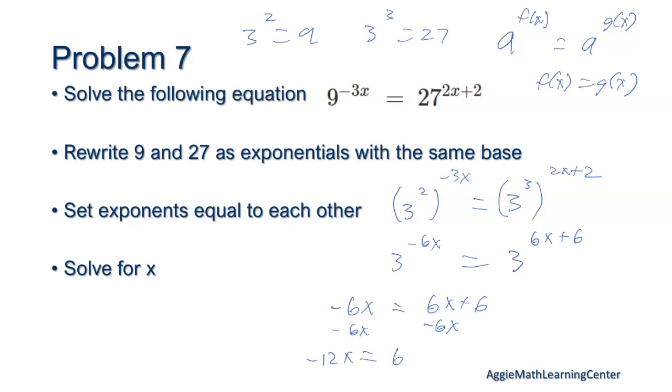You divide by negative 12, and you get that x equals negative 1/2. Any questions on that? So on the CBE, you'll want to find what the common factor of the bases is, and then try to get the same base. You see that the solution for that is negative 1/2.